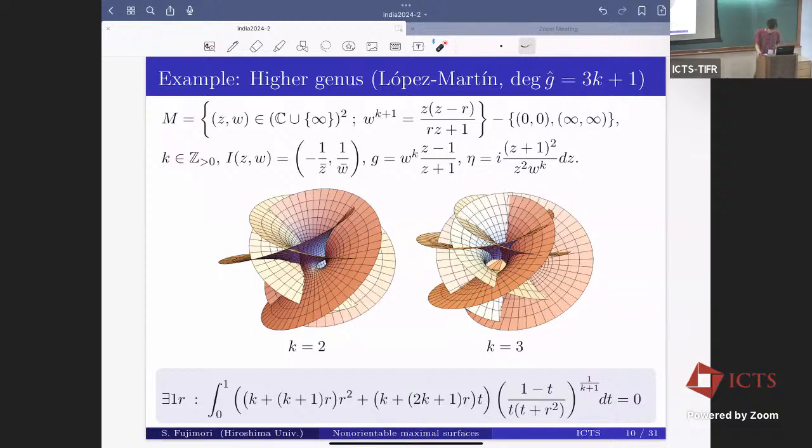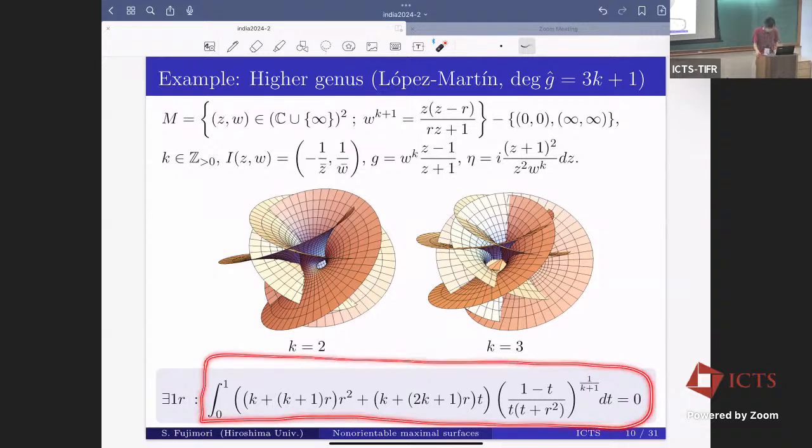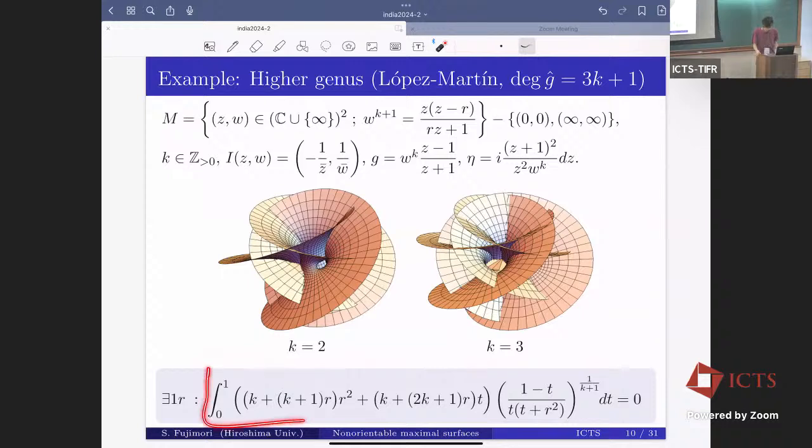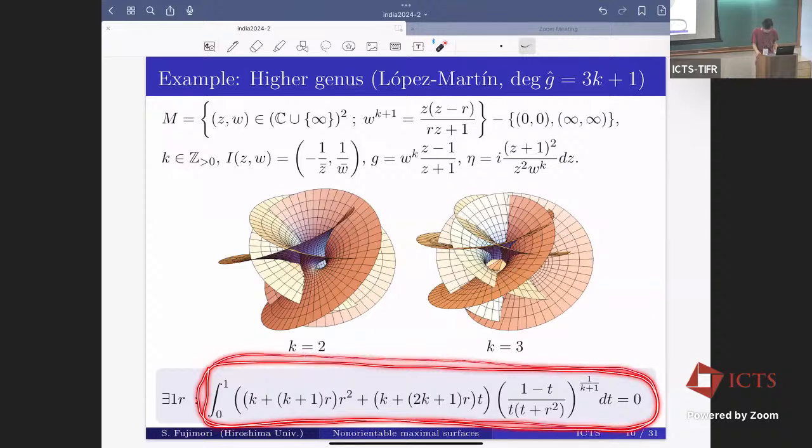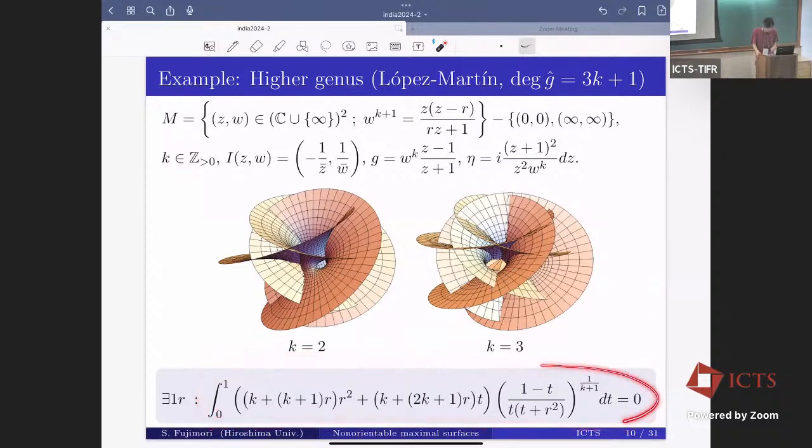The K equal 2 case is already very complicated, and so is the K equal 3 case. But in each case, they use the symmetry and reduce the period problem to one equation for one variable. So they show that there exists a unique R so that this equation holds.